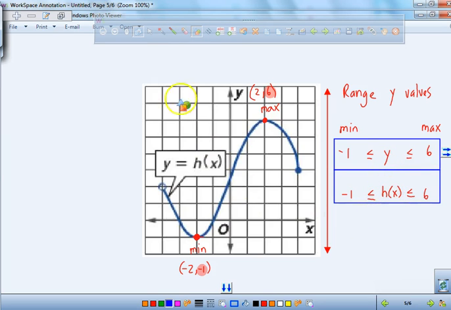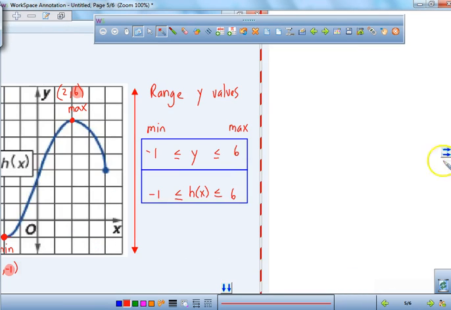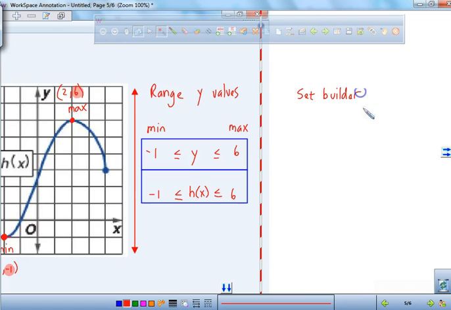All right, so now what we're going to do is build set builder notation. So I'm just going to go this way. Instead of down, I'll go this way. Set builder. The only difference between inequality notation and set builder notation is just how you write it, like how you start it.